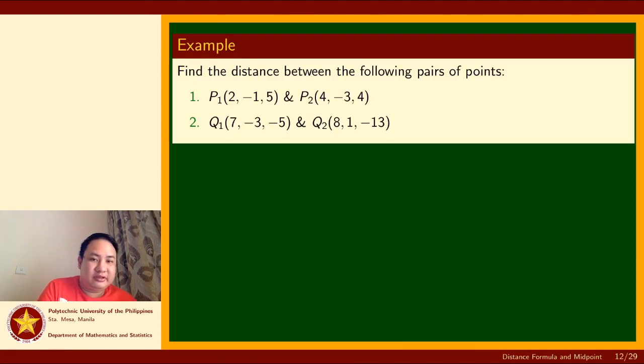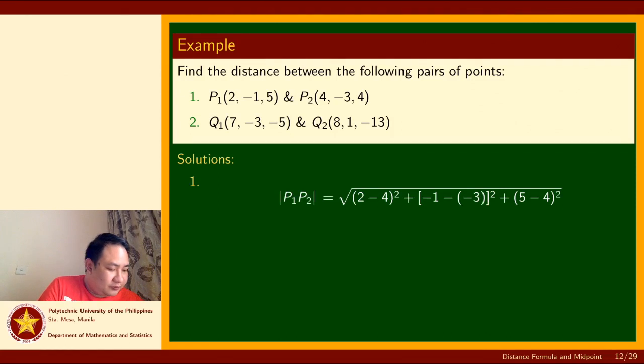Example, find the distance between the following pairs of points. So for P1 and P2, applying the distance formula, we have 2 minus 4 squared plus negative 1 minus negative 3 squared plus 5 minus 4 squared. Then take the square root.